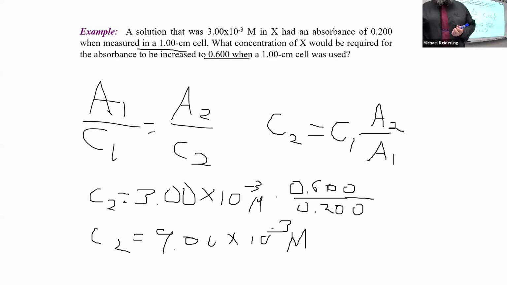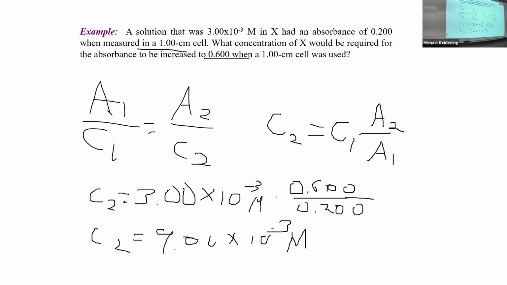So here the trick is that you're dealing with the same substance, and absorbance equals epsilon BC. A over BC equals epsilon, and that means that A1 over B1 C1 equals A2 over B2 C2, and B is the same in both cases.